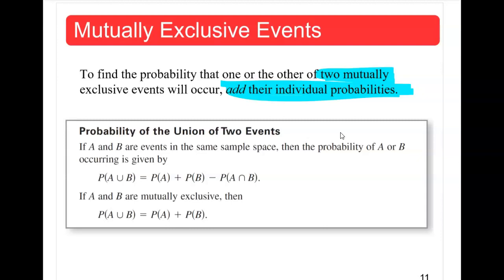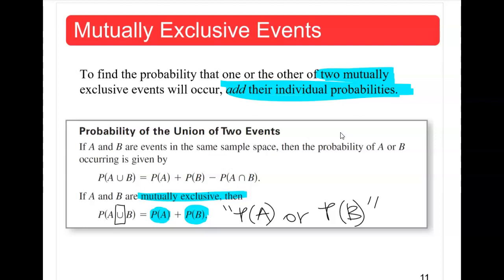So let's go over mutually exclusive first. We simply add the probability of one plus the probability of the other. And here what it means is the probability of A or the probability of B occurring. In probability, we relate the symbol for union to the word or, and we use addition.